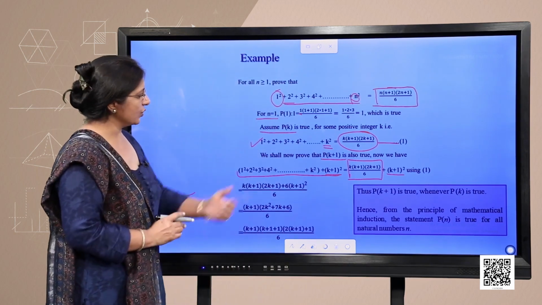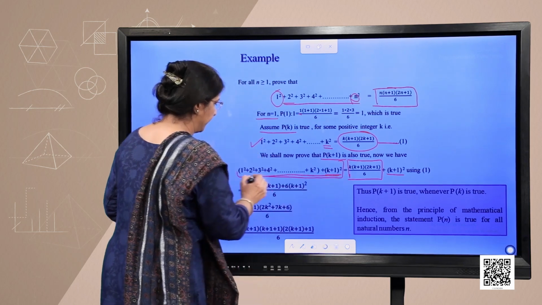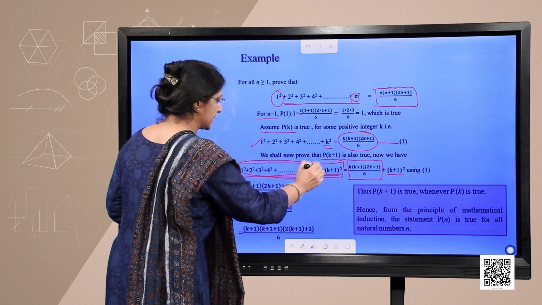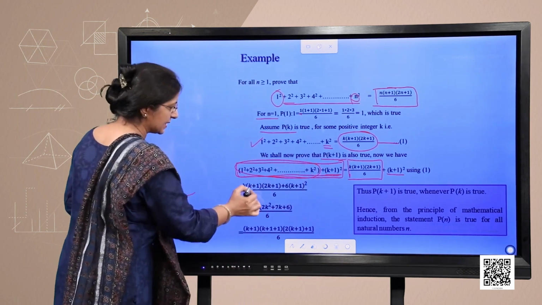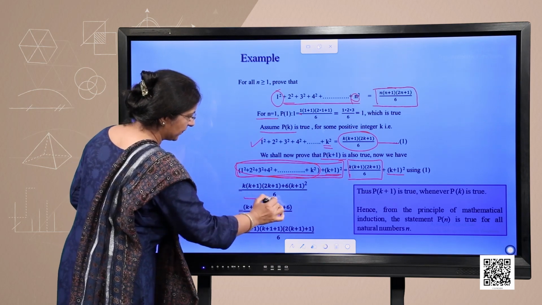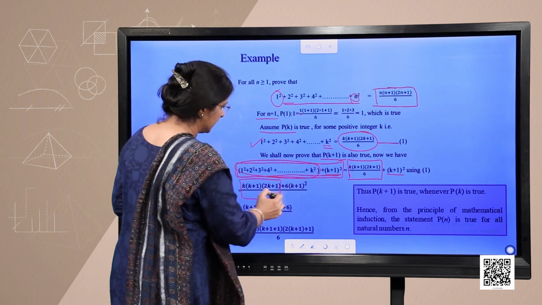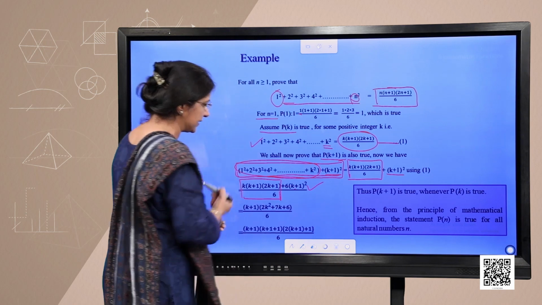Now we need to show this, and taking the left hand side, we know that up till this term, it is already equal to this. We replace this by this result, and adding this, the denominator 6 multiplied by this will give this result.